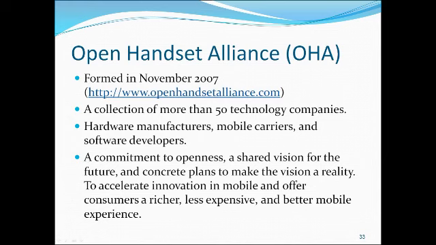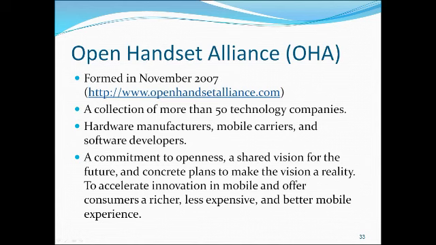This was formed in November 2007 with a collection of more than 50 technology companies joining hands to create a new open standard. They were hardware manufacturers, mobile carriers, and software developers. They wanted a commitment to openness, a shared vision for the future, and concrete plans to make the vision a reality.